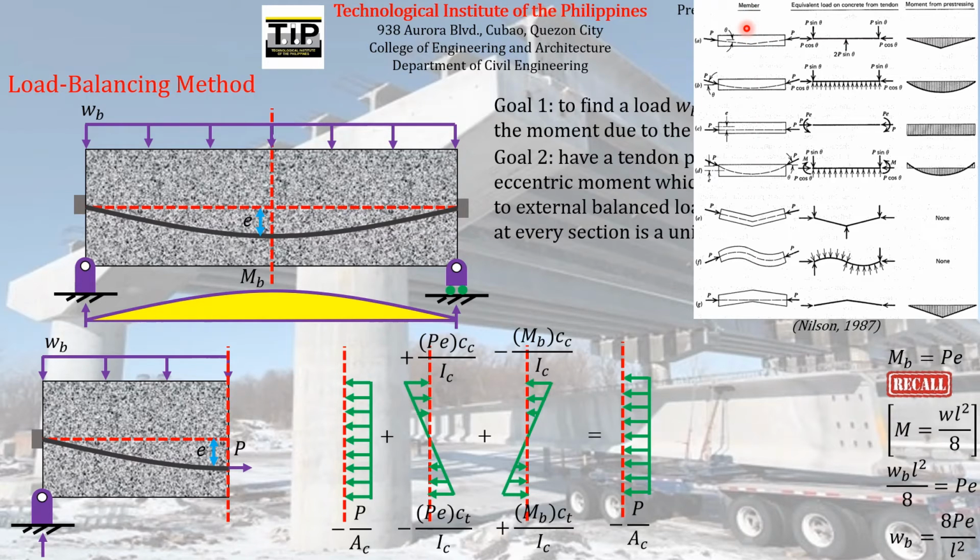So again, this is how you decide which tendon profile you have to use in order to have a balance condition on the concrete element.